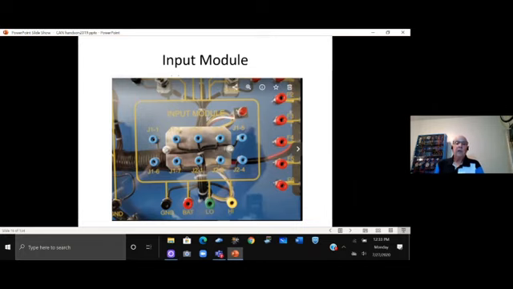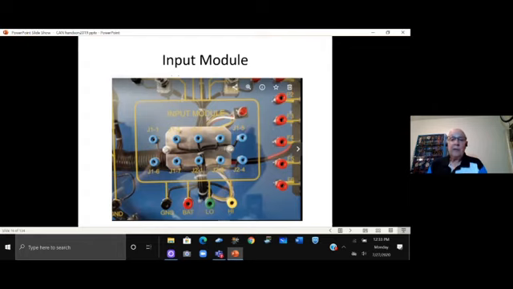The input module has a yellow band all the way around it, and you'll notice that there are 4 symbolic wires that have been drawn in there: ground, battery, low, and high.